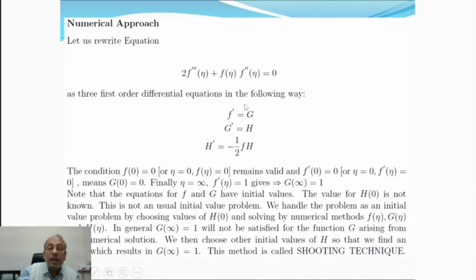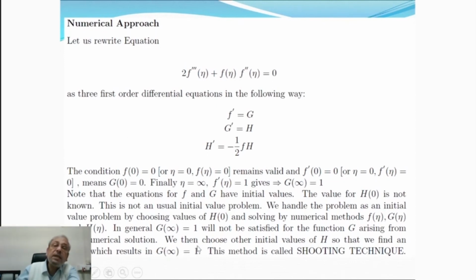In general, g infinity equal to 1 will not be satisfied for the function g arising from the numerical solution. We then choose other initial values of h so that we can find h0, which results in g infinity equal to 1.